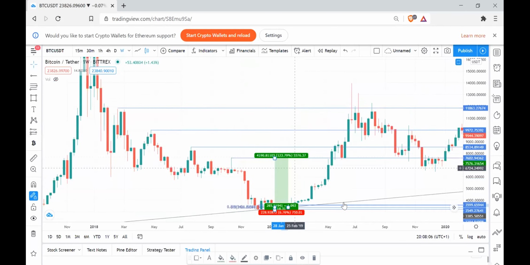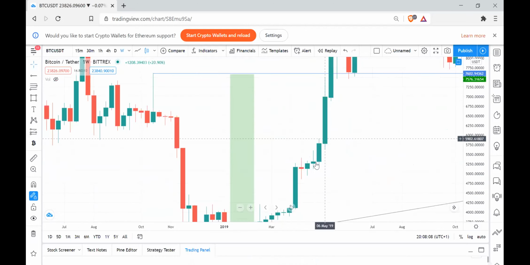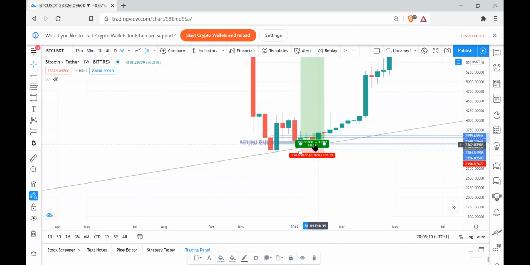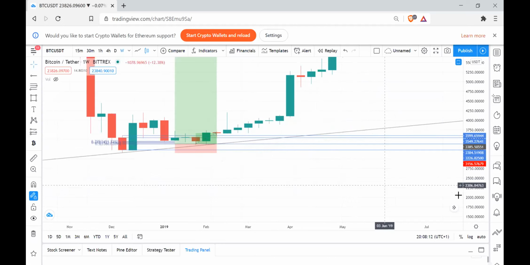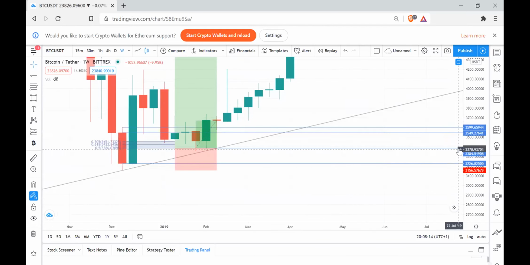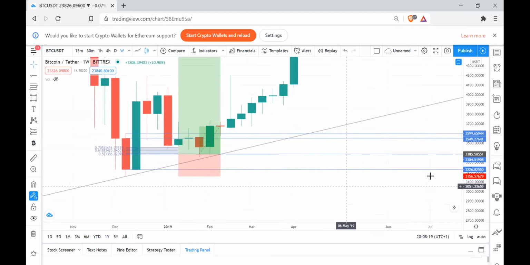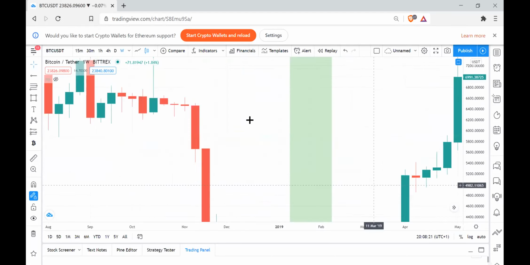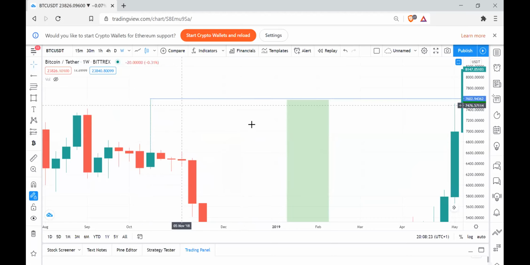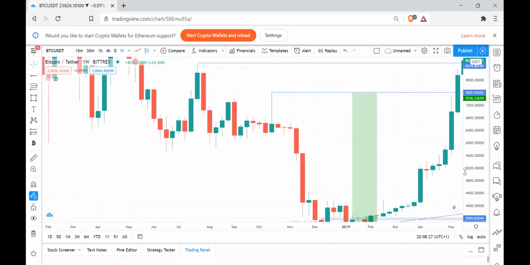From here to here is a 1 to 18 risk to reward. You see this? That means you're risking how much? From 3,385 to 3,156. That's $200 plus dollars. You're risking $200 to make how much? At this high over here, this is more than double.